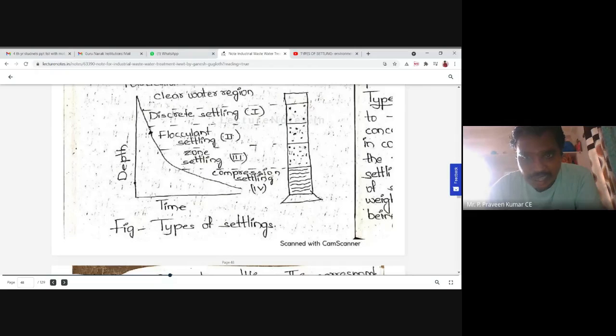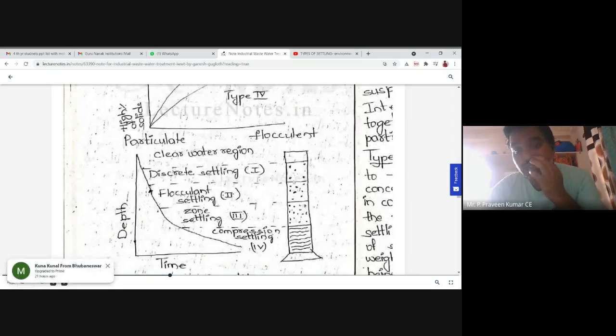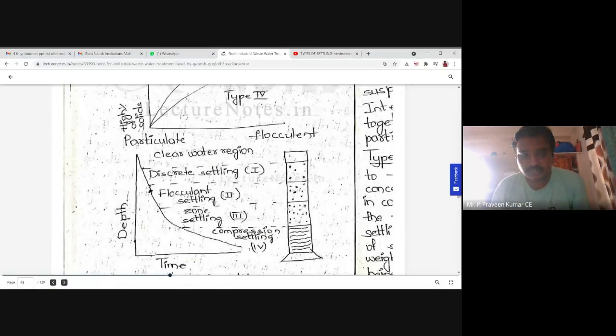Next, the third type, type 3 particles, which we are going to name a zone settling, and the fourth type we are going to name a compression settling. Okay, these are the four different categories, four different types of the particles which will be settled at the bottom in the sedimentation process. Okay, the first two types will be used in the preliminary treatment itself. The particles which are settled in the preliminary consist of these two different types, that is discrete settling and the second one is flocculent settling.